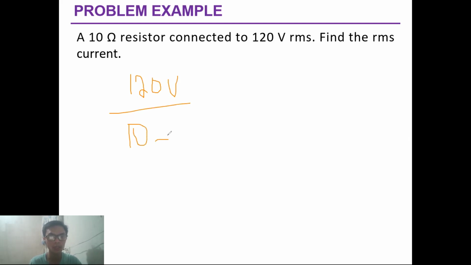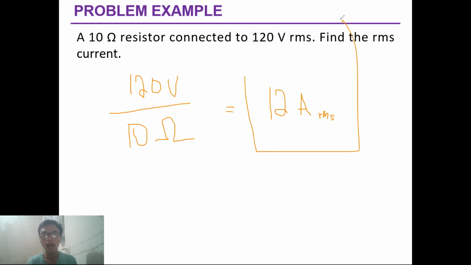So 120 volts over 10 ohms, we will get 12 ampere, in which ampere is the unit for current, and then subscript RMS. Therefore, the RMS current is equal to 12 ampere.